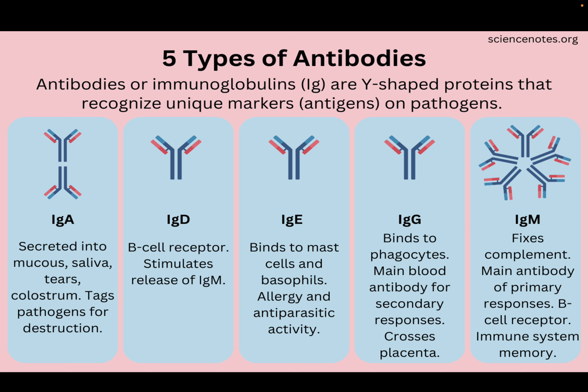So if you ever hear IgE-mediated allergic reaction or IgE-mediated anaphylaxis, this is what's going to bind to our basophils and our mast cells, create that over-release of histamine, and set allergic reactions into motion.